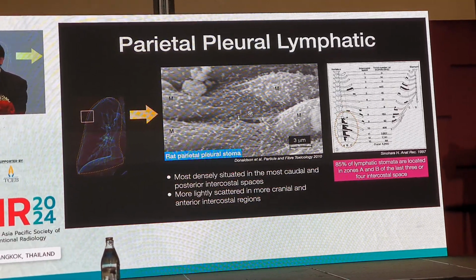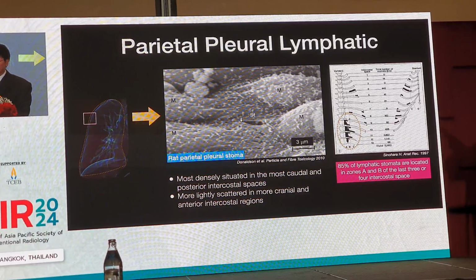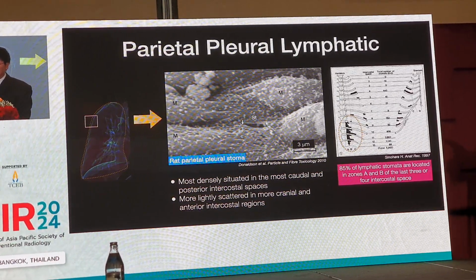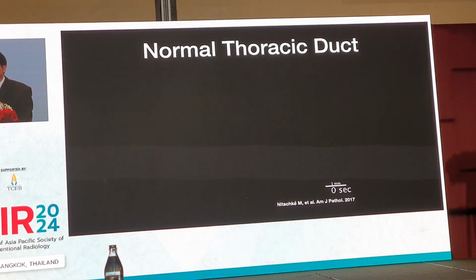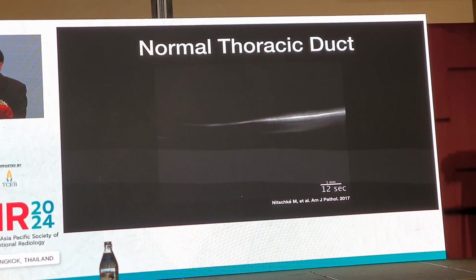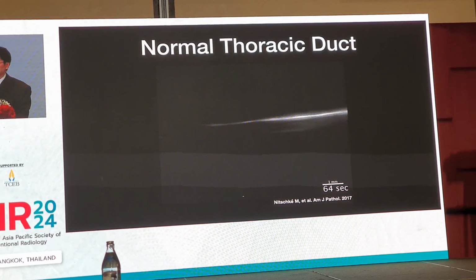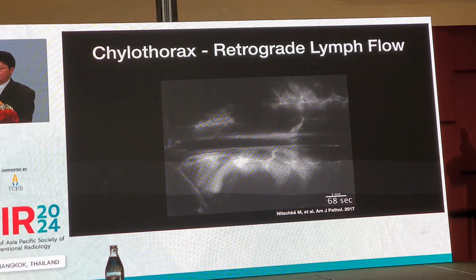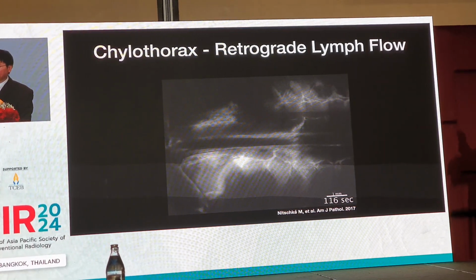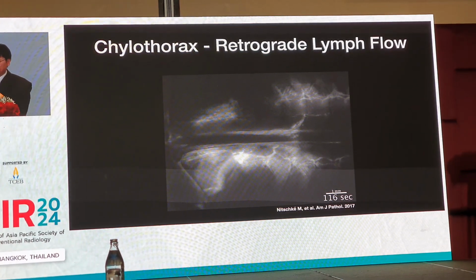These pleural stomata are usually more dense at the costal area and near the paravertebral area. This is a mouse model in which they inject dye into the normal thoracic duct, but when there is an obstruction, you can see that the dye will leak through the pleural stomata into the pleural space.